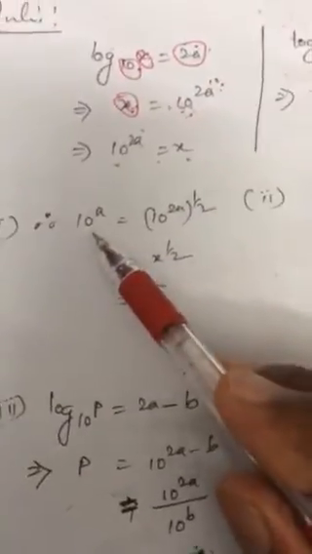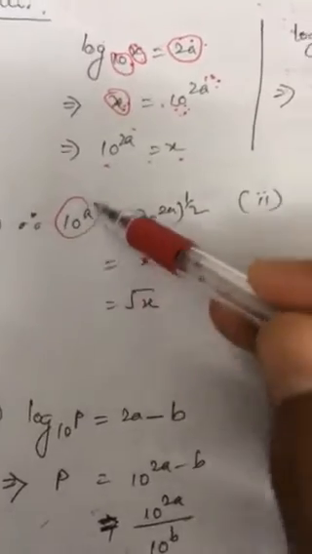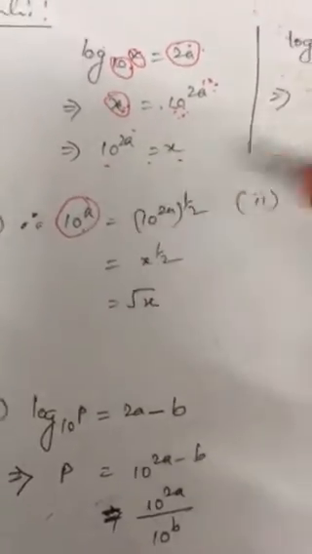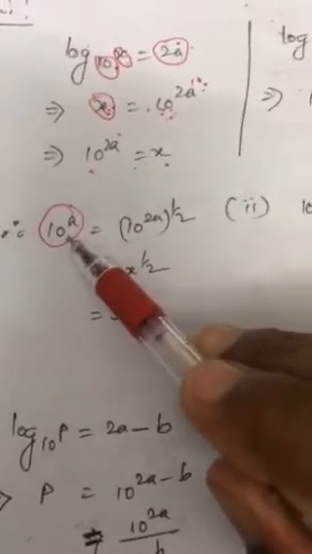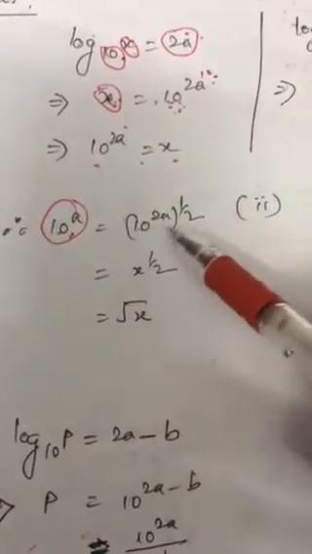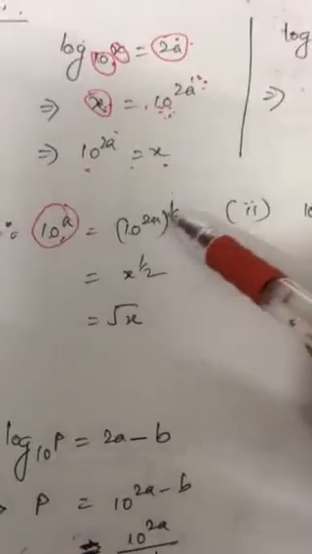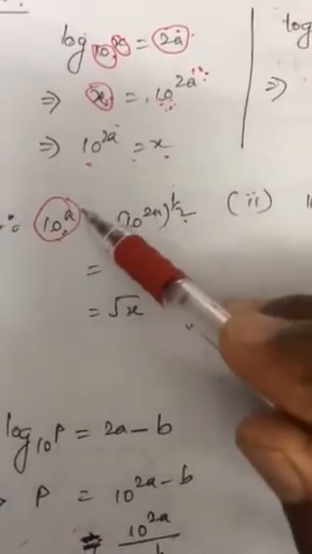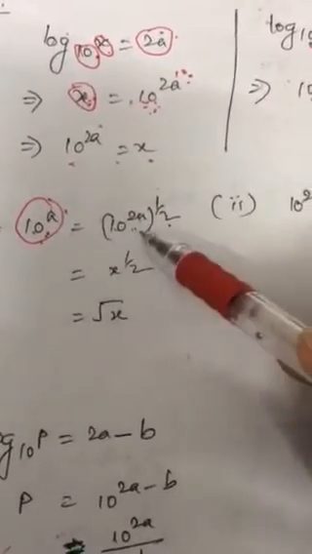Now you have to express 10^a in the form of x. So 10^a can be written as 10^(2a) to the power 1/2, because if you multiply the 2 and the 1/2 they cancel, leaving 10^a only. Why am I converting it this way?